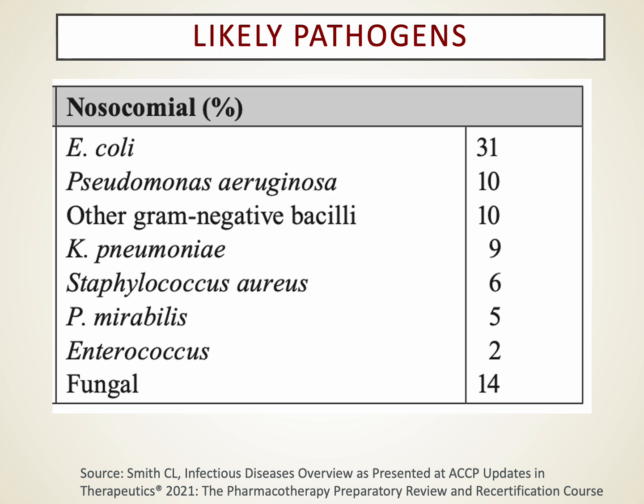So if they're not infected, we may elect not to treat. In clinical practice, you'll find differentiating treatment of colonization, a positive urine culture, from when somebody is truly infected.